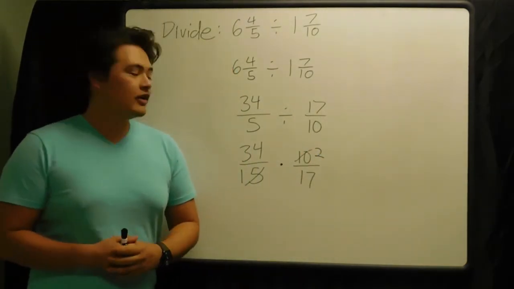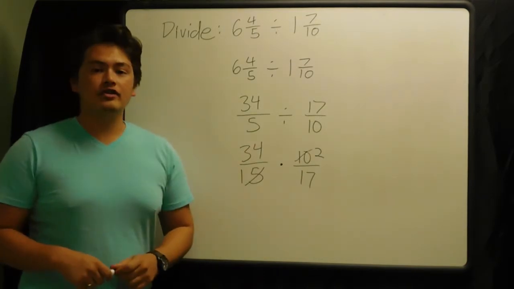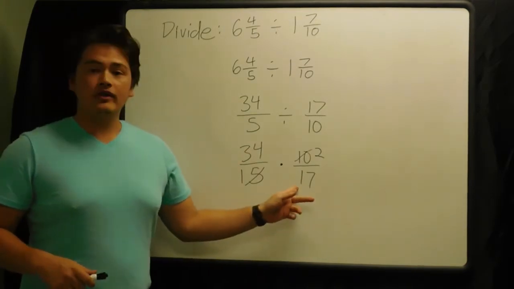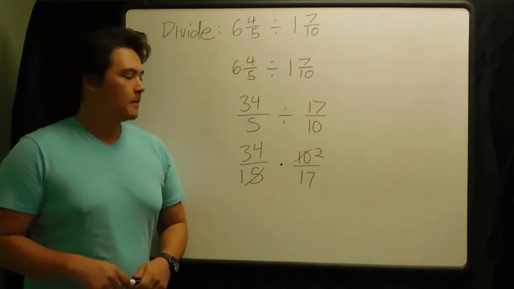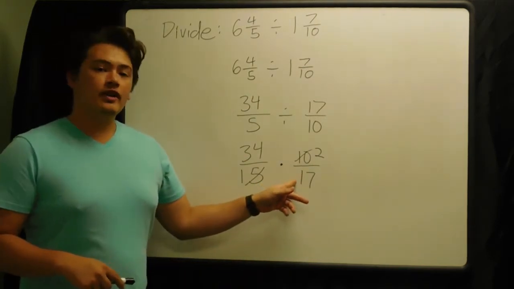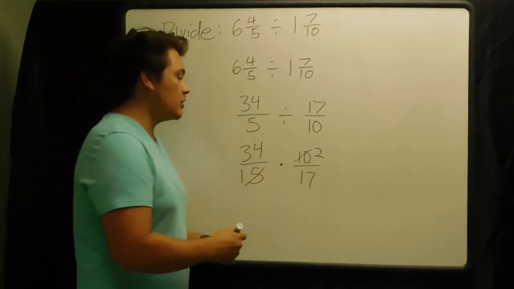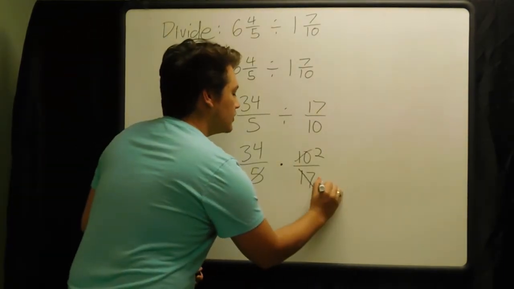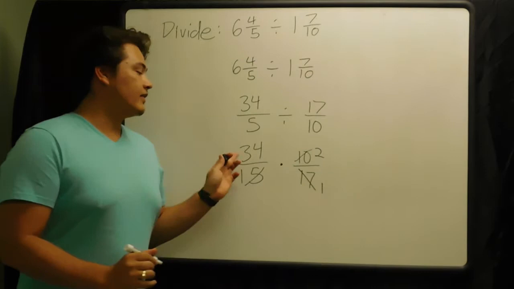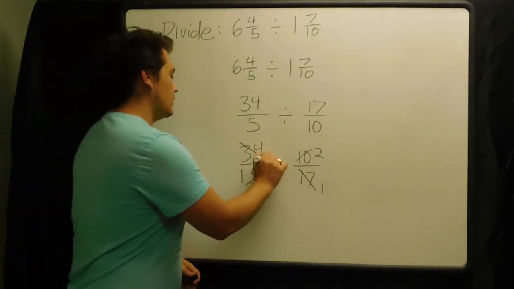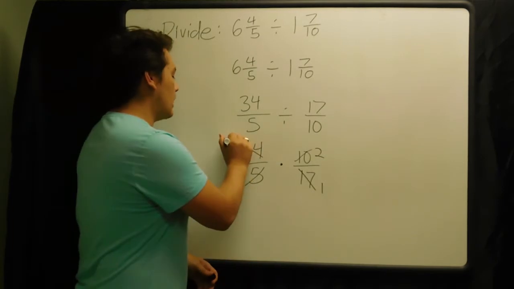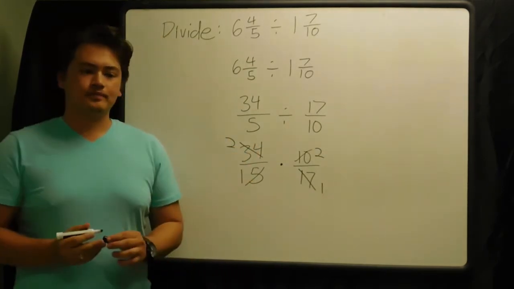I can do the same thing for 34 and 17. 17 can go into 17 one time, so I'm going to cross out the 17 and put a 1. And 17 can go into 34 2 times, so I'm going to cross out the 34 and put in a 2.